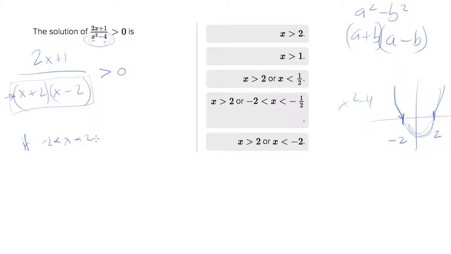So if that's true, then what we get is 2x plus 1 is less than 0. It's the same as multiplying both sides by this stuff and flipping that sign, because we multiplied by a negative number, right? We know it's negative because it's negative in that universe. So then what you get is 2x is less than negative 1, and x is less than negative 1/2.